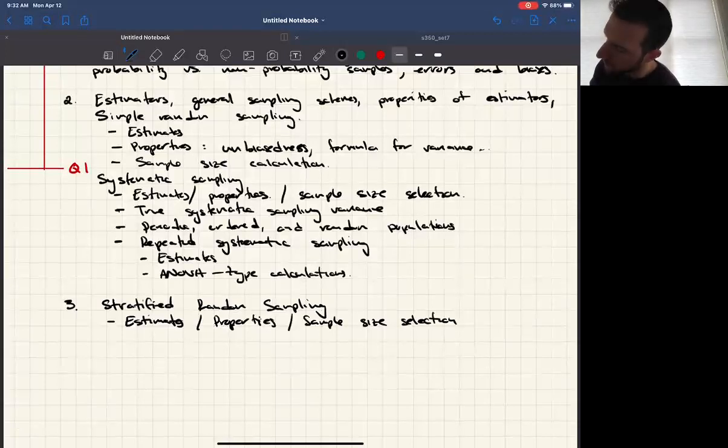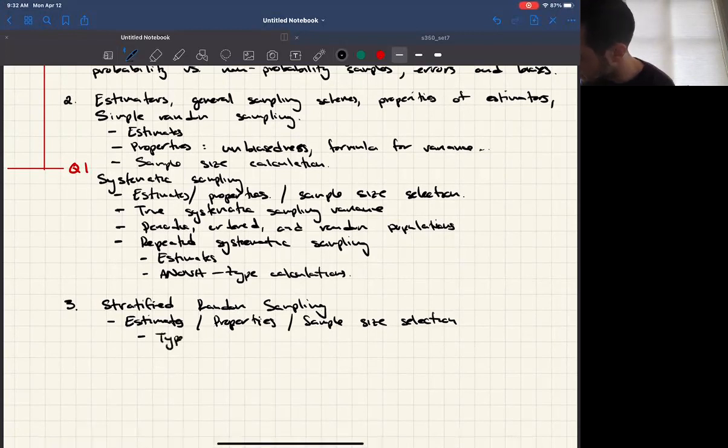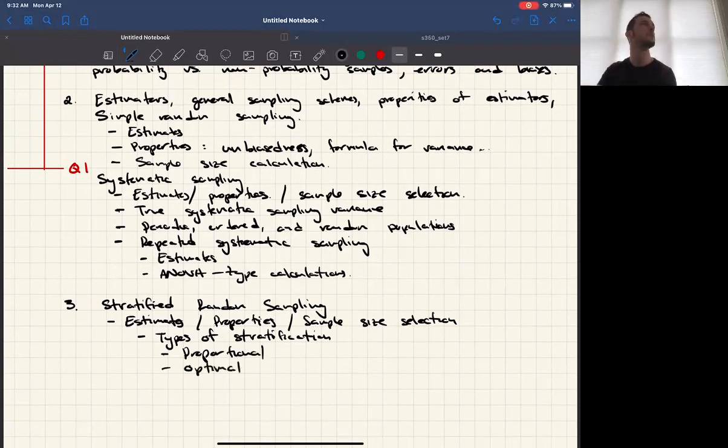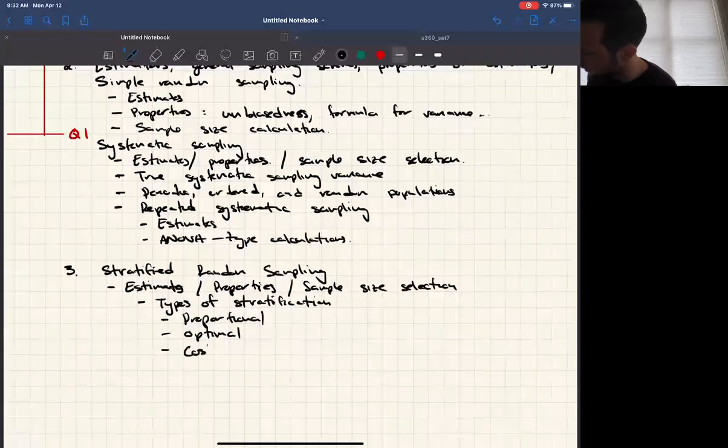Okay, but here we also talked about different types of stratification. Okay, so types of, right, so we had proportional, we had optimal, and we had cost slash variance not constant.